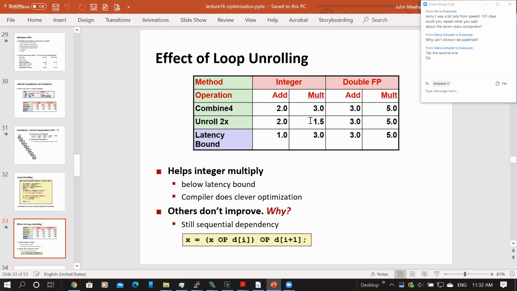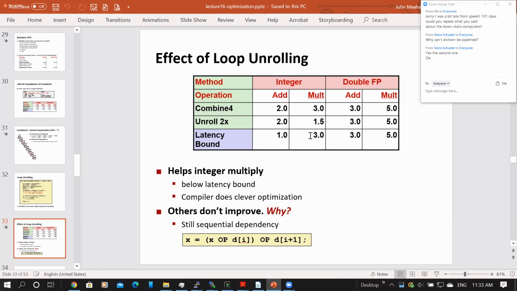So we would suspect that the reason that's happening is what? We're getting some pipelining effect going with that multiply. And we know we only have one integer multiply unit on this particular Nehalem CPU, right? So we must be getting some pipelining if we're getting 1.5 cycles per element, because the latency bound is 3.